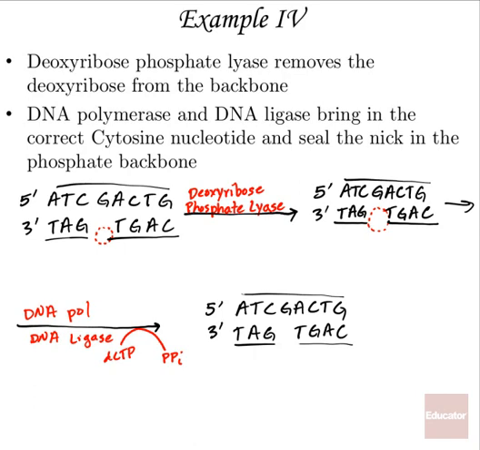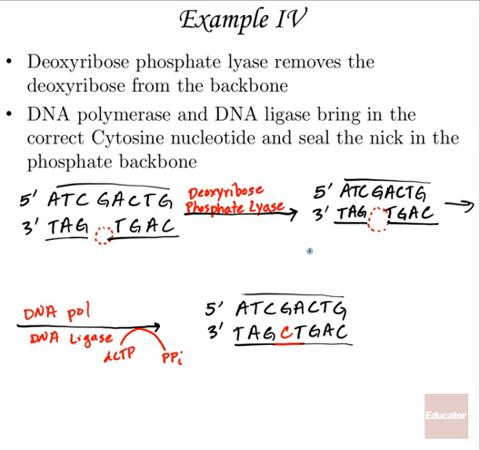Okay, and then the C, as well as the new deoxyribose, has been added, and we're back to what we had. So this is the full repair using base excision repair. All right, good.